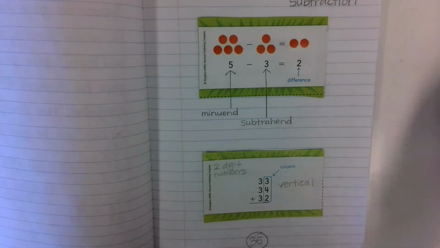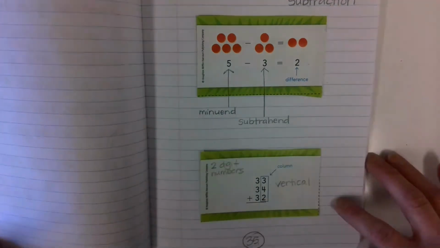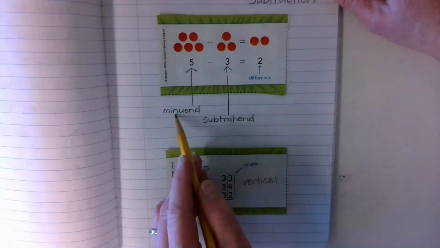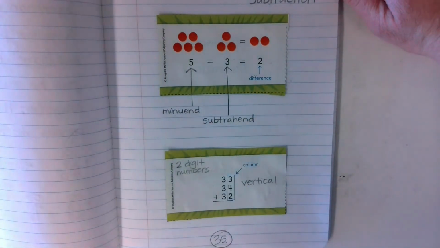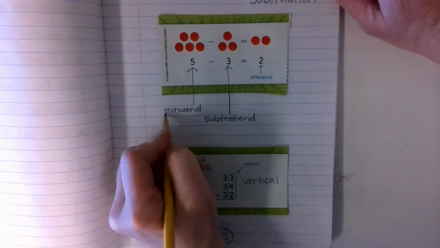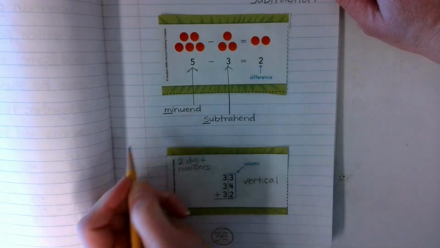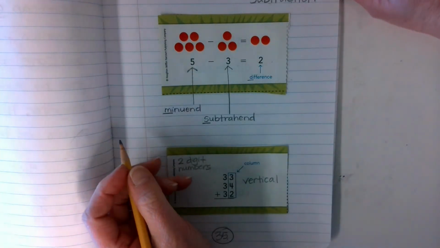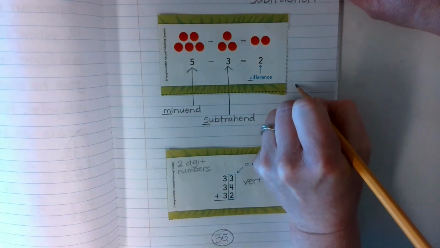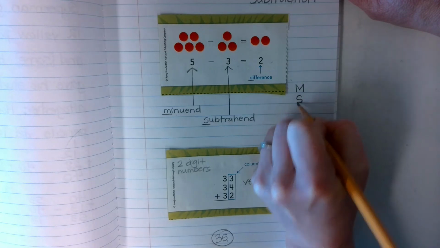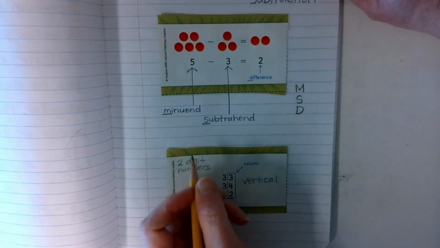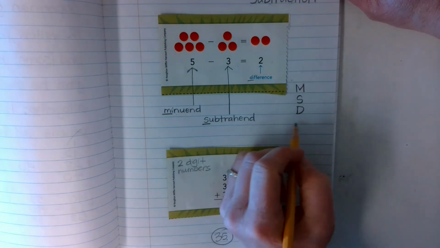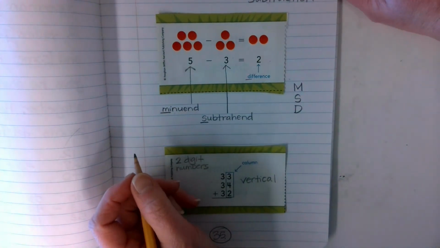Now, a fun little way that I used to remember the parts of the subtraction number sentence, minuend, subtrahend, and difference: minuend starts with an M, subtrahend starts with an S, and difference starts with a D. So M, S, D. I use a mnemonic device, which is a little thing that helps you remember something.